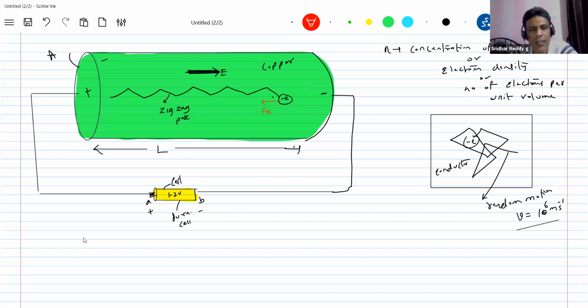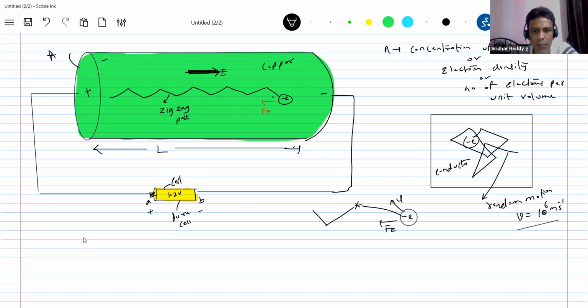So here, what is the state of the electron? The electron will have a random motion velocity, say it has some velocity like this. Electrostatic force will act here. Then as a resultant it will move like this. It will encounter a collision. Then again here it will change its path. So continuously it will again be acted upon by force.